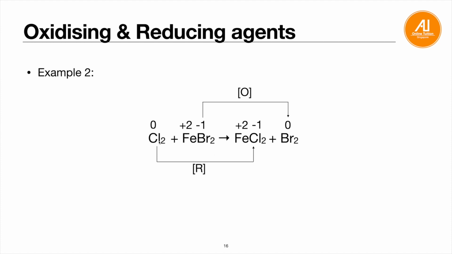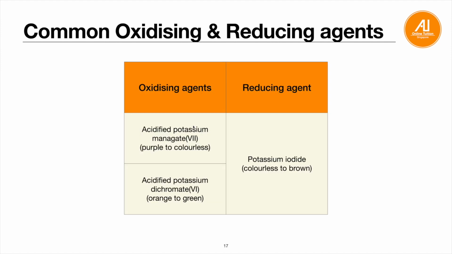So if Cl2 is reduced, it must be an OA. The opposite: if FeBr2 is oxidized, it must be an RA. That's all. Just always remember it's opposite. Whoever is reduced is an OA. Whoever is oxidized is an RA. Opposite.